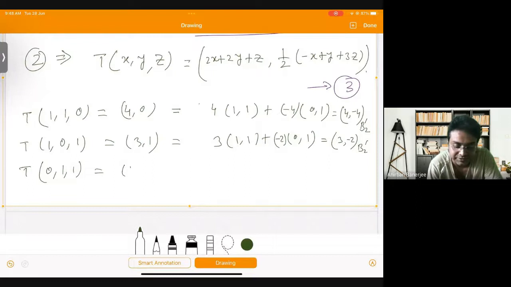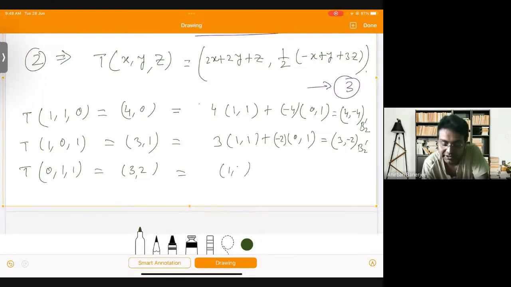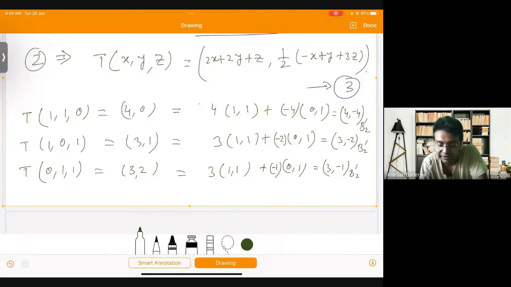This will become 3 comma 2, and it's also easy to figure it out in terms of the linear combination of the vectors 1 comma 1 and 0 comma 1, such that we take the constant multiplication of 3, that means 3 into 1 comma 1, and then minus 1 into 0 comma 1. So that means it is 3 comma minus 1 with respect to B2 prime.